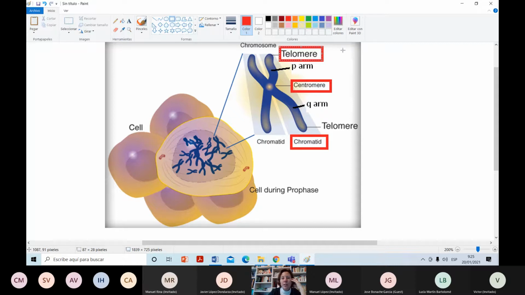We've got 2 telomeres in the P arms, because we've got the short arm, that is this P arm, and that is another P arm, and that's the Q arm. So everybody must have these 5 terms in the chromosome.